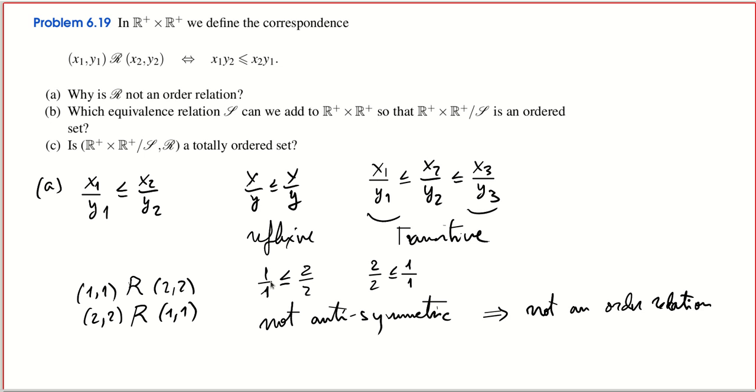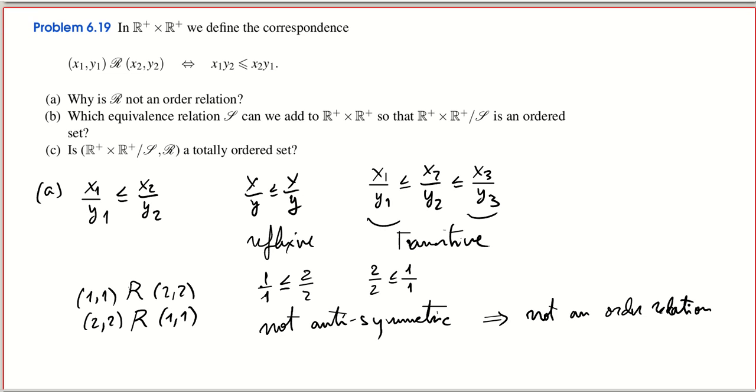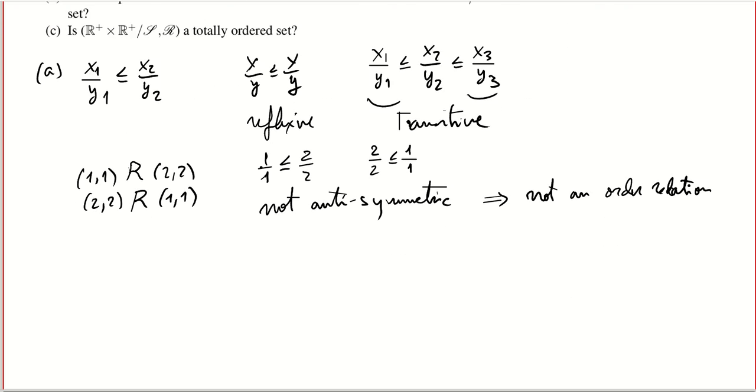So what we're going to do is to introduce an equivalence relation in this set that groups together all pairs that have the same ratio, right? So if we do that, then this pair and this pair will belong to the same class, and we're going to work on classes, right?